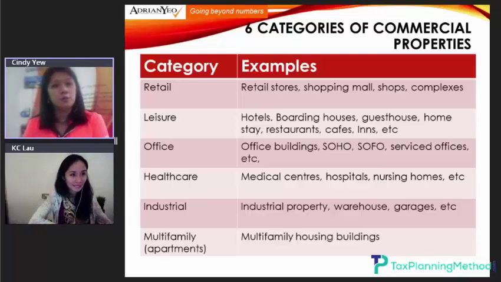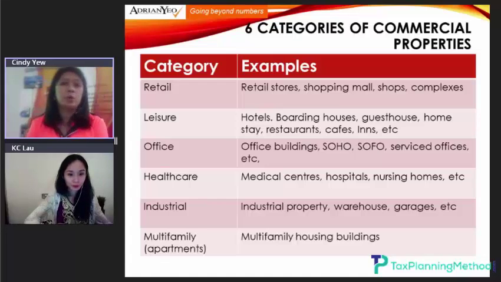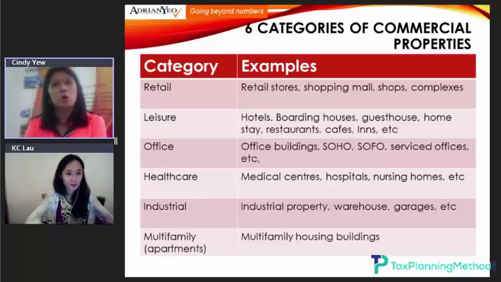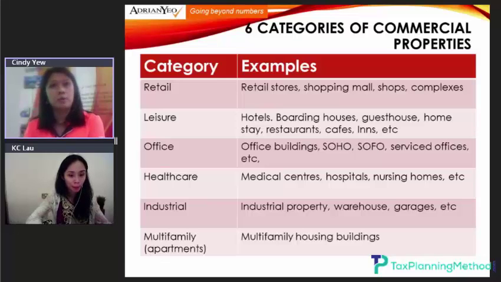Whereas for office, we can have office buildings, SOHO, SOFO, and service offices. For the SOHO, some of us might have questions on what the treatment is. SOHO means small office, home office. There is complexity on the SOHO. SOHO is normally built on commercial land and hence it will be treated as commercial property.